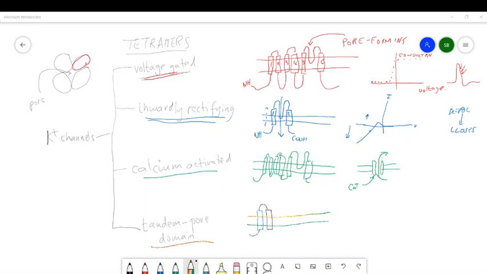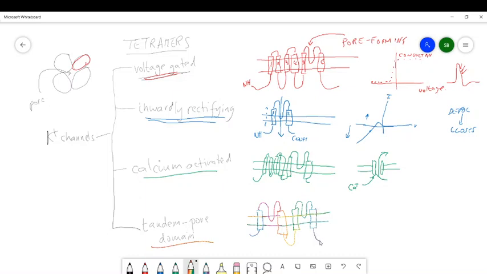Oops, I've made a mistake here. Let me just get rid of that pore and fix that. Right, so they have a loop like that. So far, they look a bit like inward rectifiers, but watch what happens now. They actually have another one, just like that.